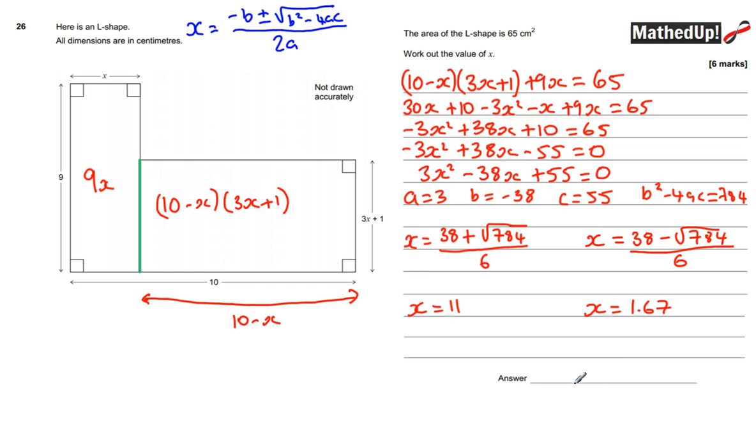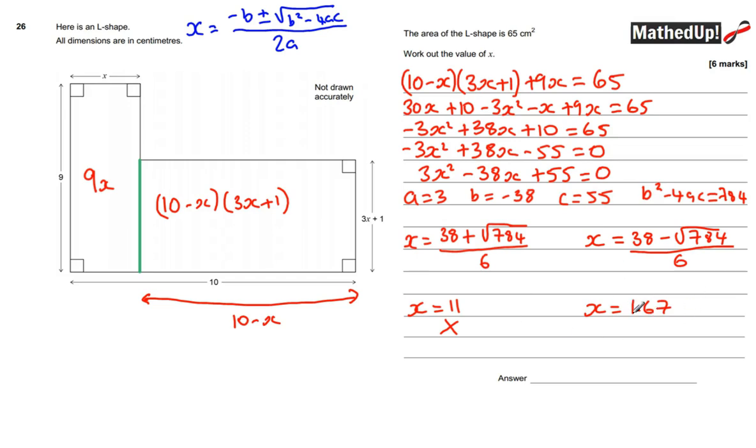Now, for our answer, we need to decide which of these is going to be valid. It may be that they're both valid. But if you ever think about this, if x was equal to 11 centimeters and this is equal to 10 centimeters, that's not quite going to work for this shape. So we need to disregard this x equals 11 because it doesn't look like that's going to be possible.